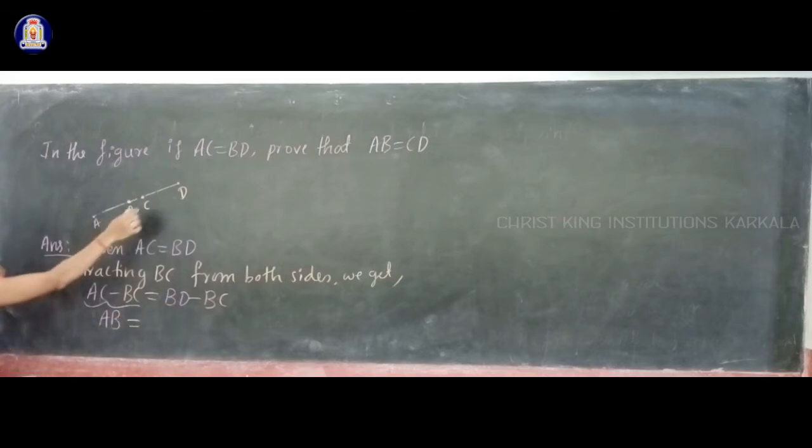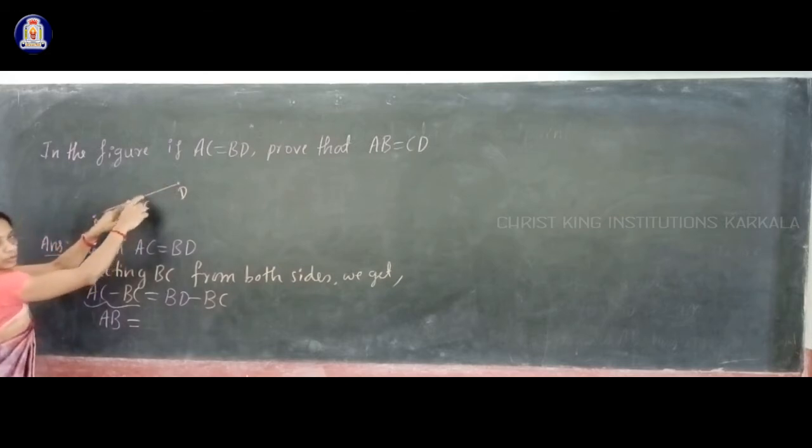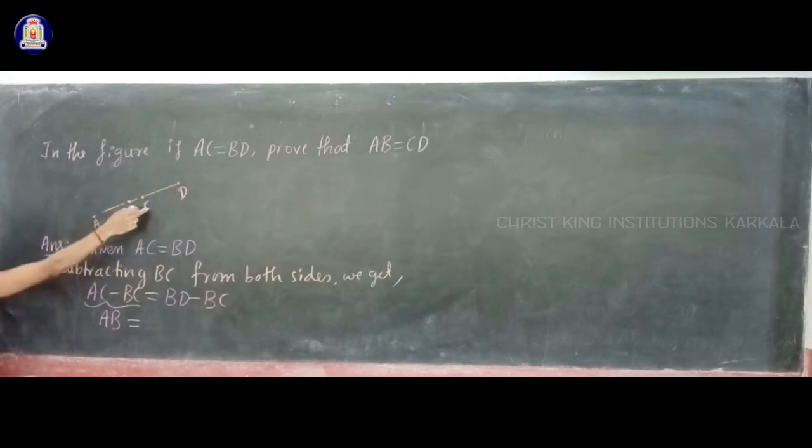What is BD? BD is this much, and here you have point C. I will highlight the BD line segment like this, and point C is here. From BD you have to subtract BC, means delete the BC part from BD. Then how much line segment is left? CD, right?